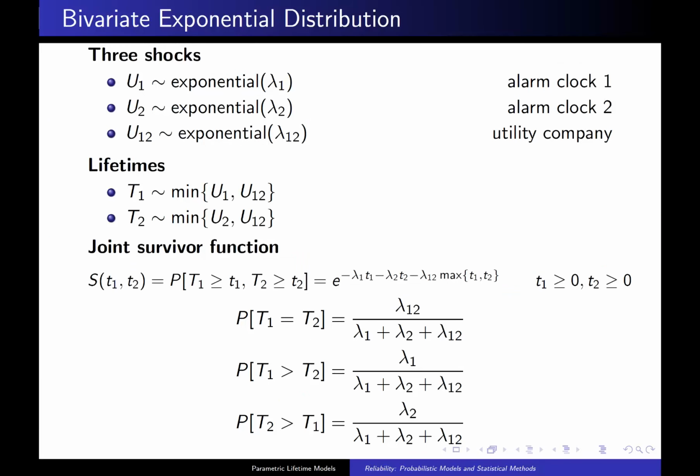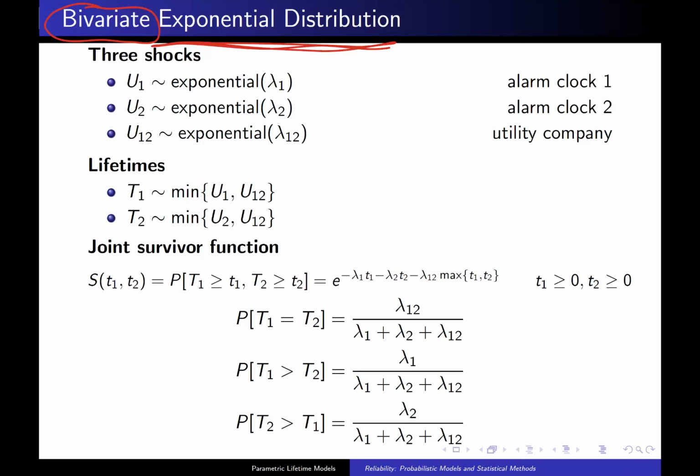The very last slide here in Chapter 4 is just a pointer that there are bivariate and multivariate lifetime distributions. There are about a half dozen exponential bivariate distributions, and I'm going to just quickly go through one such case.